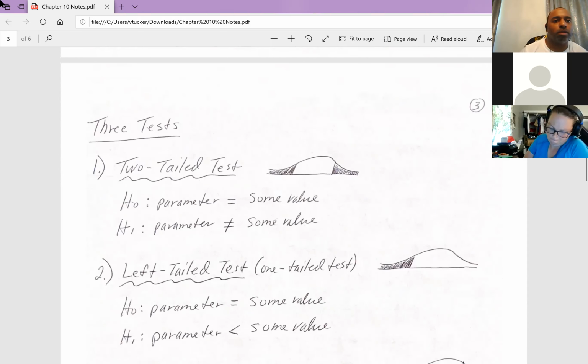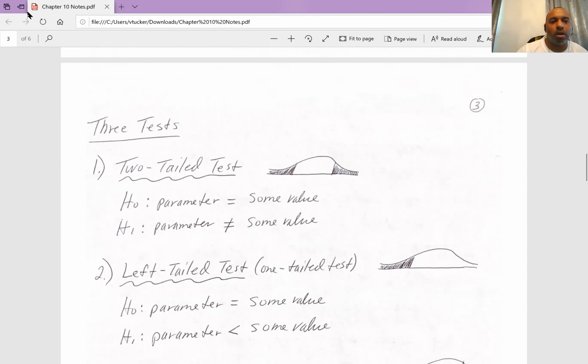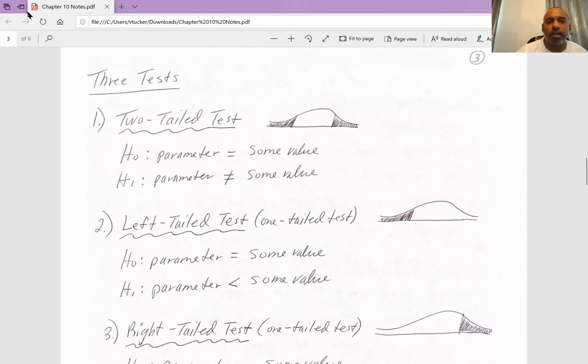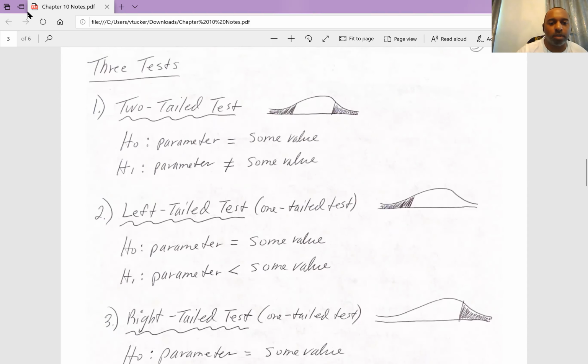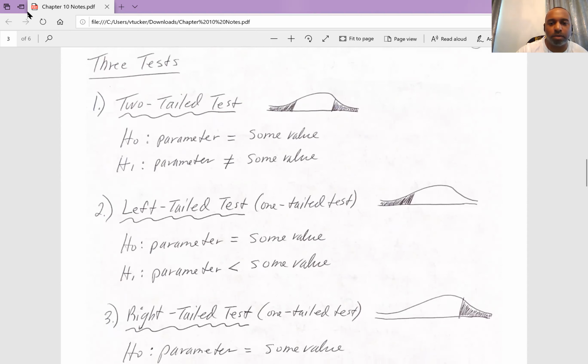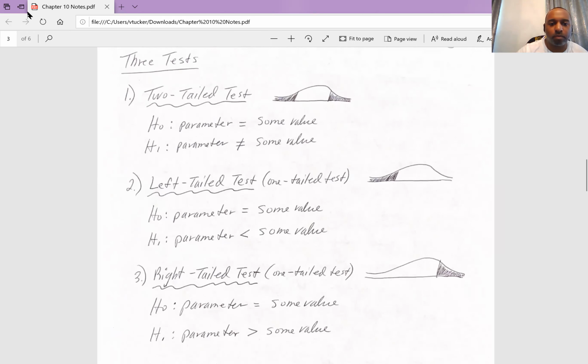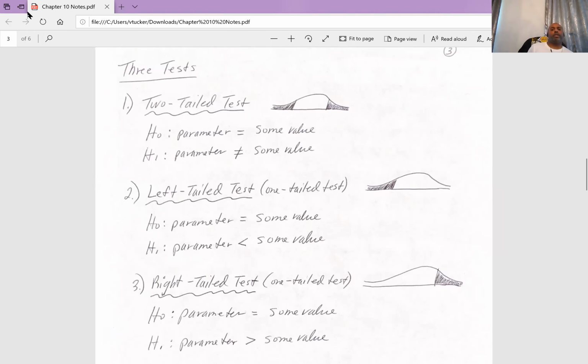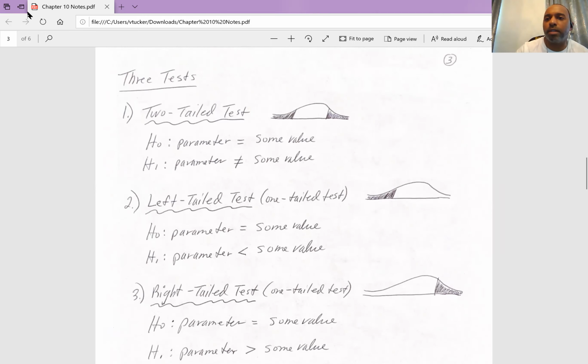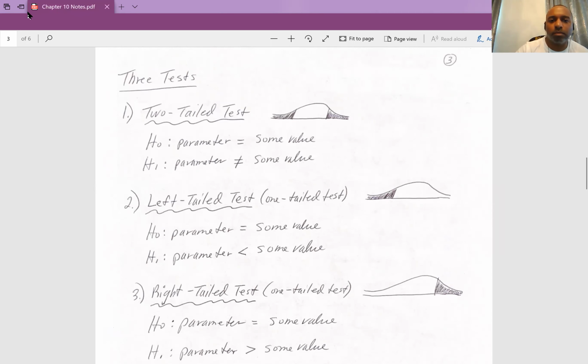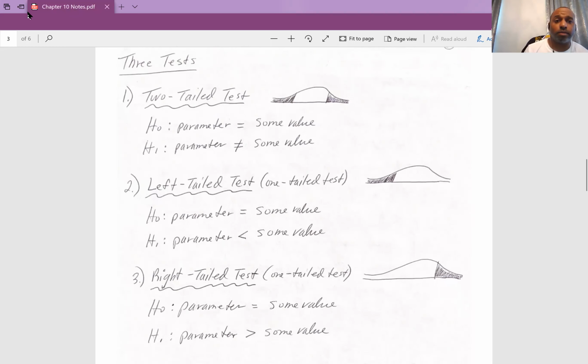All right, so here are our three tests, our three scenarios. See if I can get all three of them in here. Yeah, there we go. So we have two-tailed tests. Notice when it comes to these tests, we have the two-tailed, left-tailed, and right-tailed.